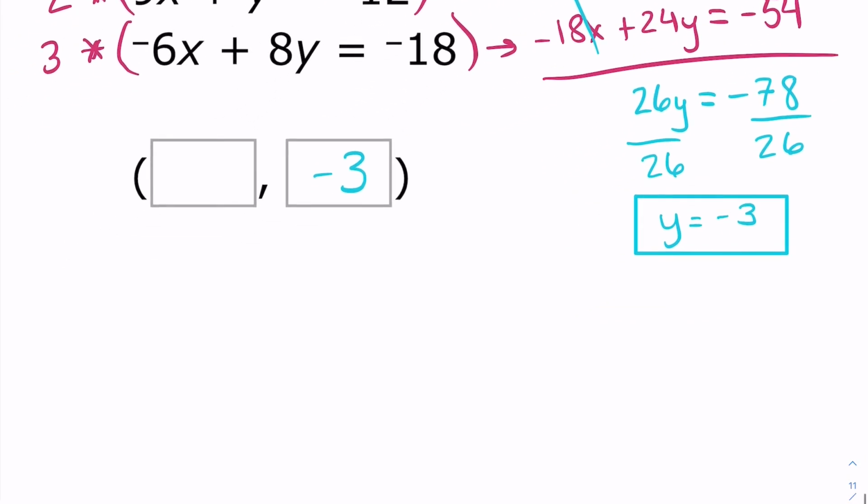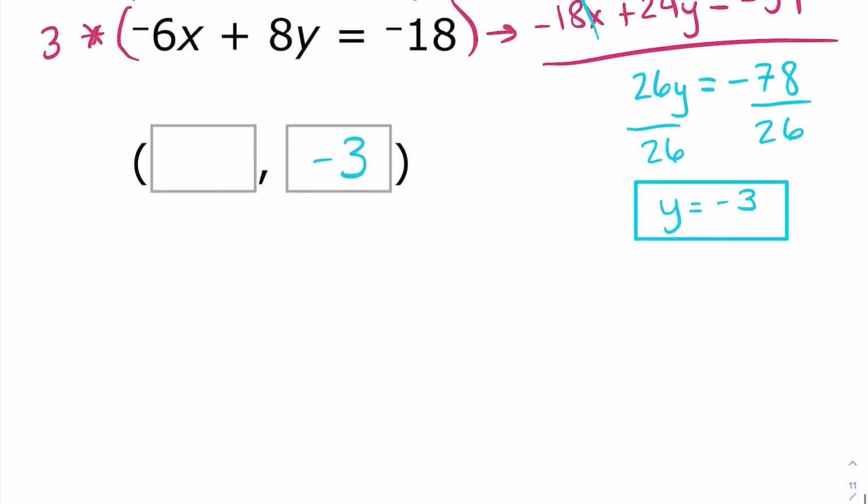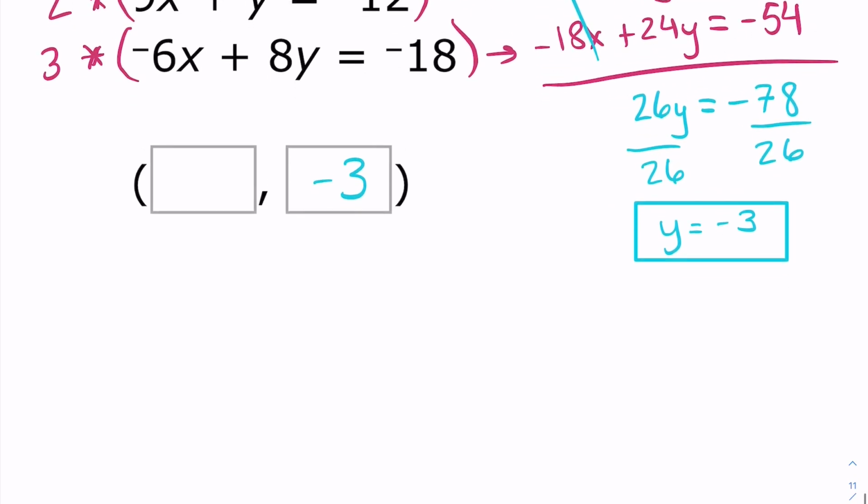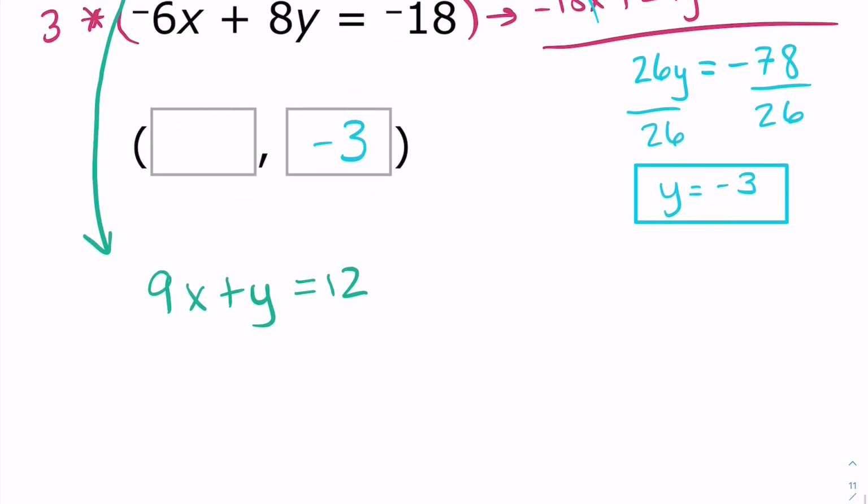Okay? And so now I'm going to take anything. It doesn't really matter. You know what? I'm going to take line 1. I tend to take positive lines. I'm not sure why, but just easier for me, I guess. I'm going to take 9x plus y equals, oh no, I'm sorry, it's negative 12. I'm going to take that first line.